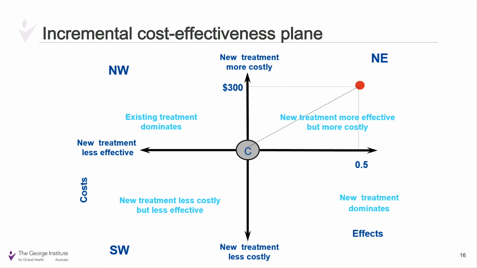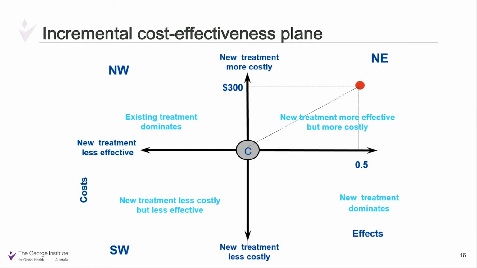Conversely, if we have a new program that is more costly and less effective, then it's being dominated by the existing treatment. In that instance, the new program belongs on the northwest quadrant. Finally, we have the situation in the southwest quadrant where the new treatment is less costly but less effective.